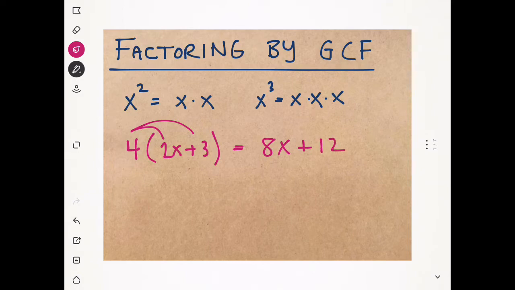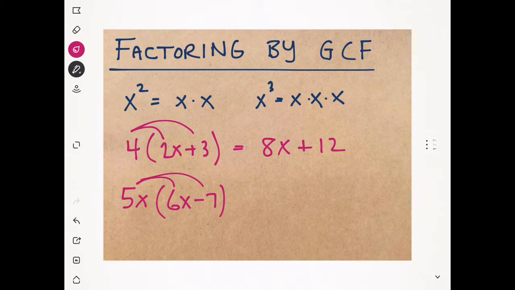Another one that was a little bit difficult for us last week is if we had something like 5x, where we have a variable on the outside, and we multiplied that by something like 6x minus 7. Again, we're going to distribute, but now we have this x to deal with.